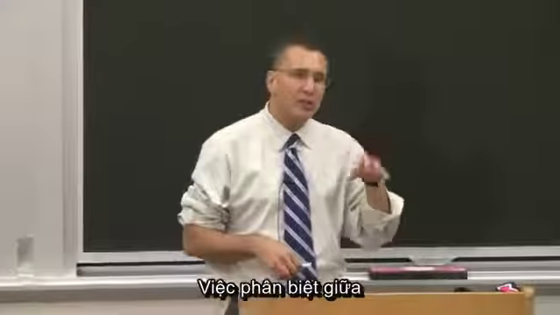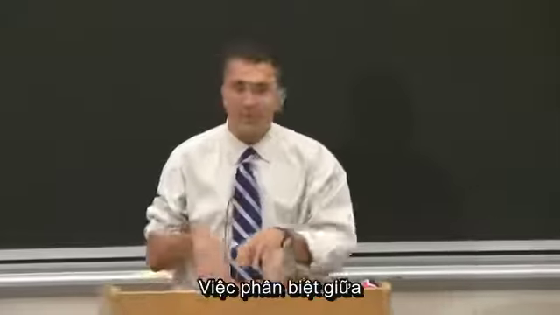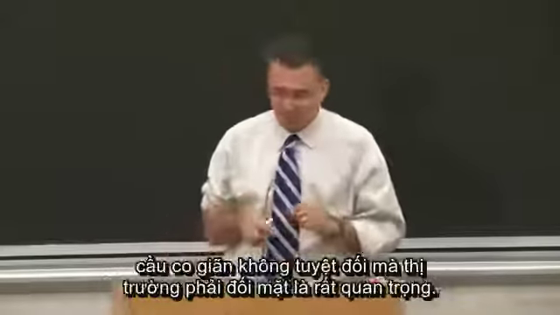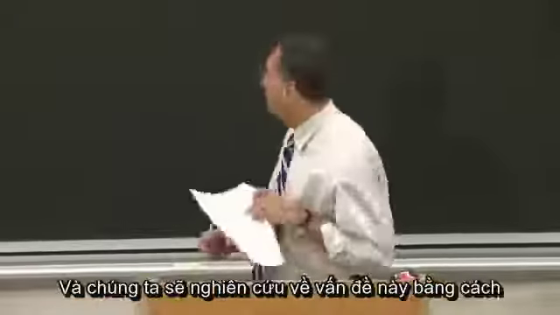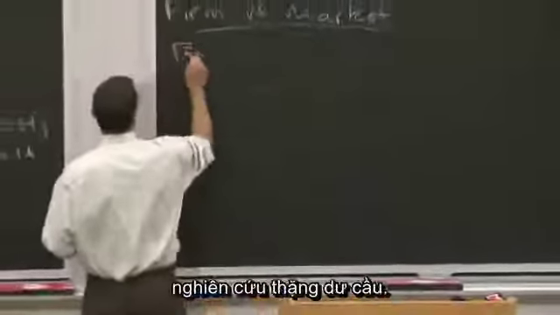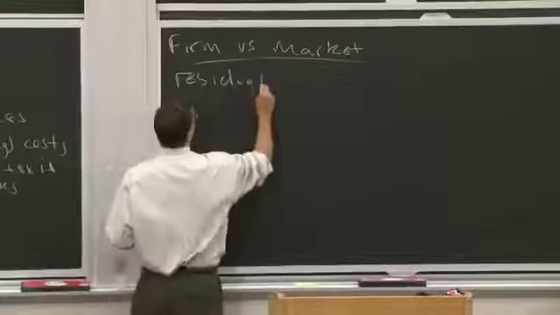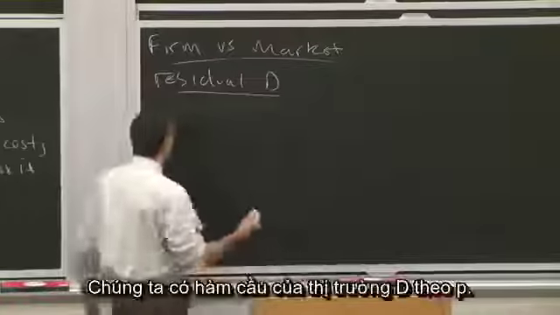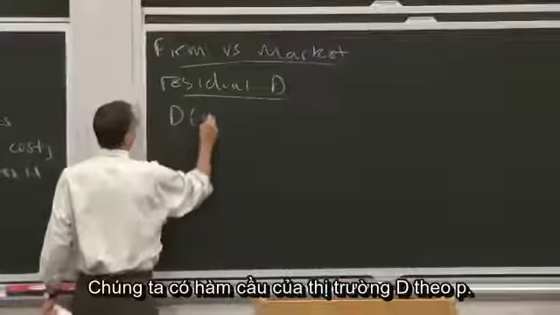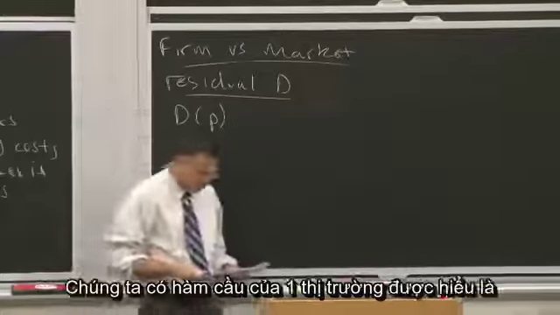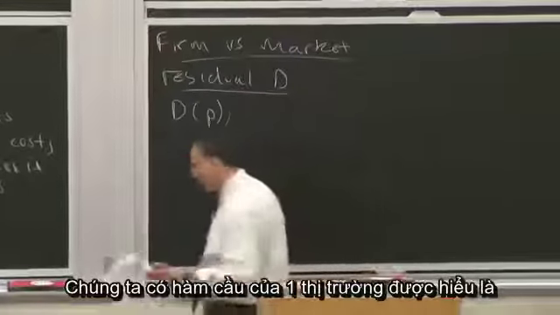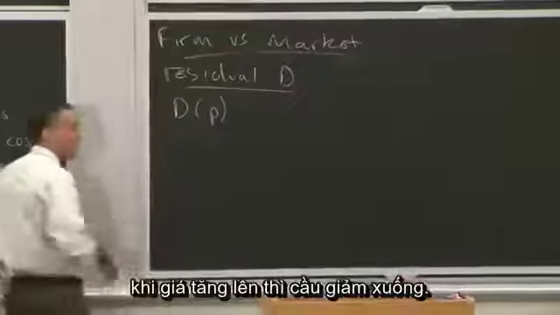So it's very important to distinguish between the demand facing the firm being perfectly elastic and the demand facing the market not being perfectly elastic. The way to think about this is the concept of residual demand. We have a demand function for a market, D of P, which is that as the price goes up, demand goes down.